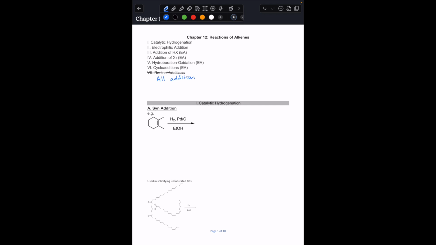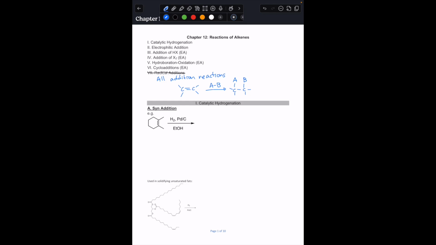I don't know if you remember the different types of reactions we covered back in chapter 2 of the semester. But if you have some sort of generic double bond alkene molecule, and you add this generic molecule made of two atoms, A and B, those are just hypothetical atoms, they're going to add across the double bond. And this is what we mean by addition reactions.